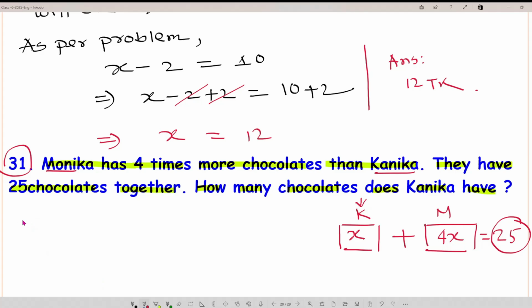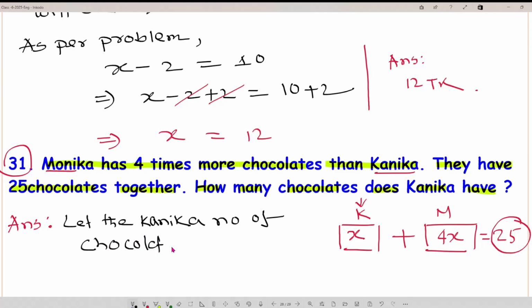So we can write like this. Let Konika's number of chocolates be X. So Monica's chocolate, what?